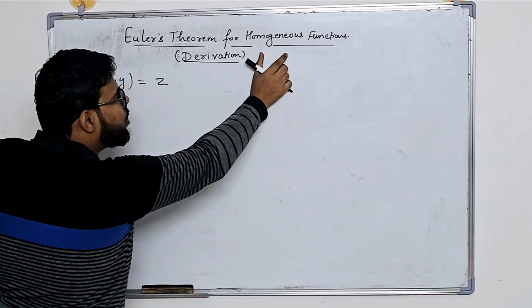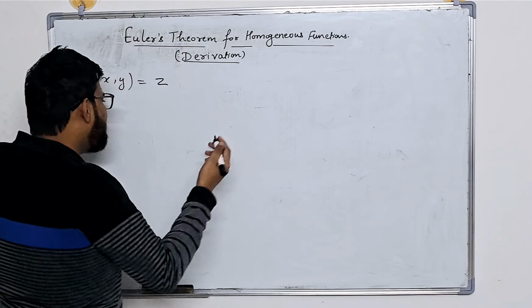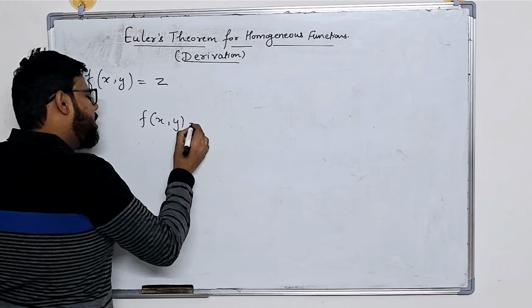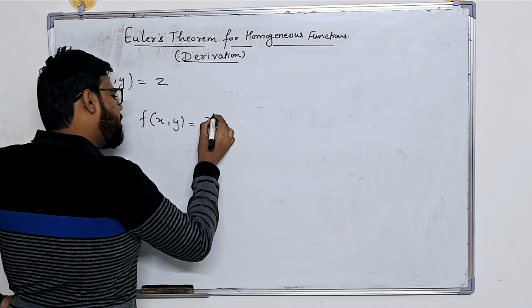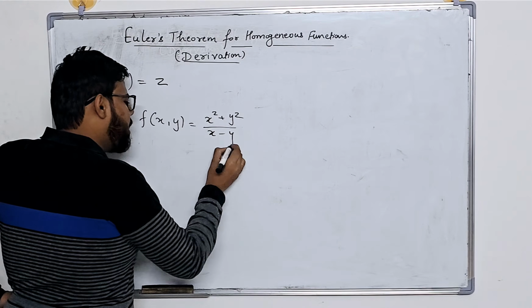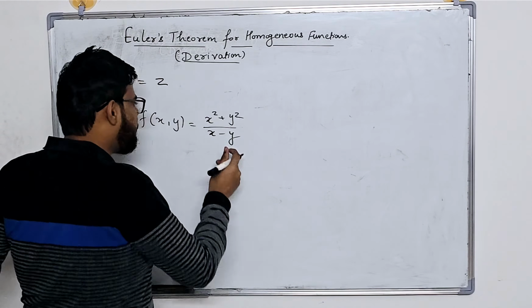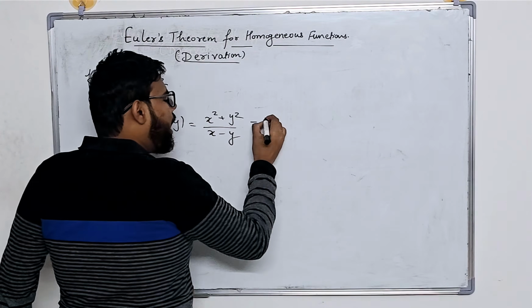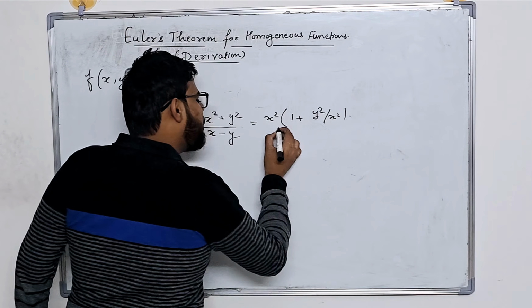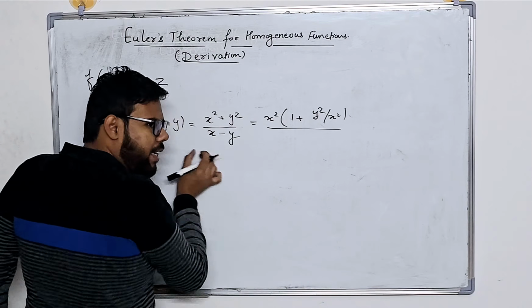Obviously, this is for homogeneous function. What is a homogeneous function? For example, f of x comma y is equal to (x square plus y square) upon (x minus y), right? From the numerator, you take x square as common and you get y square by x square. And from the denominator, you take x common.